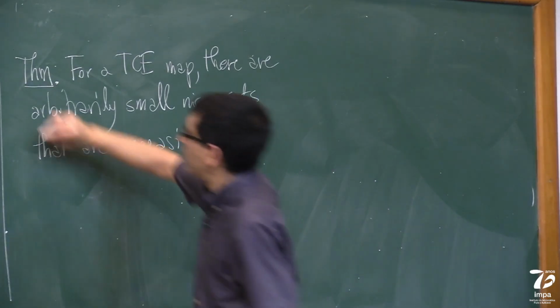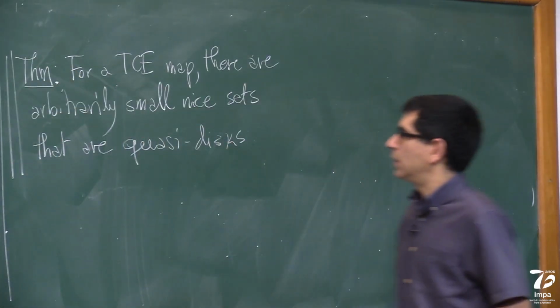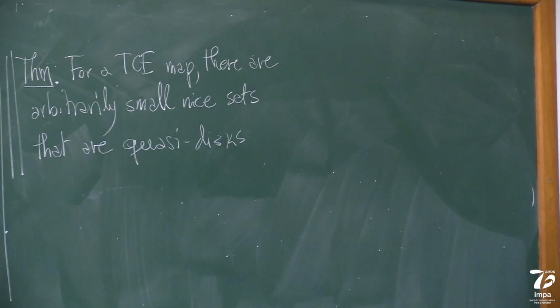You can even quantify, so basically, you can get some dilatation constant arbitrarily close to 1, which means that in particular that these are roughly round, very close to a circle, and very small dilatation.